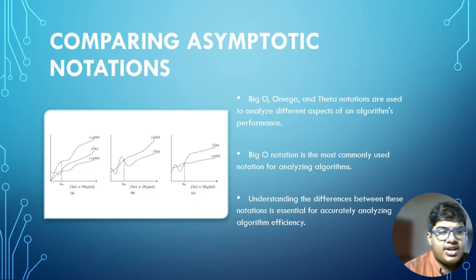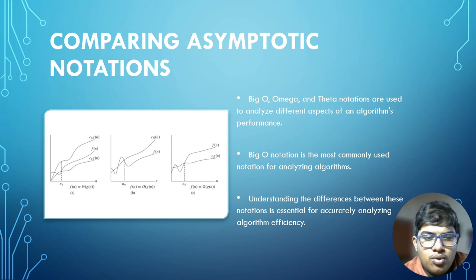Now, comparing asymptotic notations. Big O, omega, and theta notations are used to analyze different aspects of an algorithm's performance. Big O is the most commonly used notation for analyzing algorithms. Understanding the difference between notations is essential for accurately analyzing algorithm efficiency.